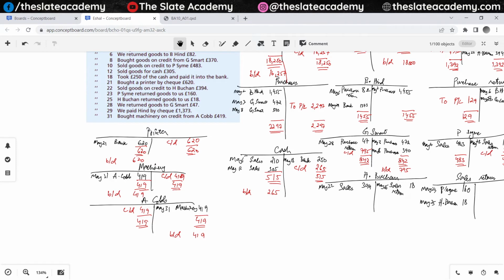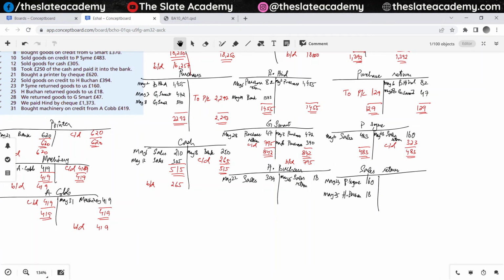Achha ji, what remains? H. Bachchan. Purchase return I have closed, sales return and H. Bachchan, just two. Let's see. Achha ji, H. Bachchan, how much? Debit side is 394. Credit side I write the same sum.